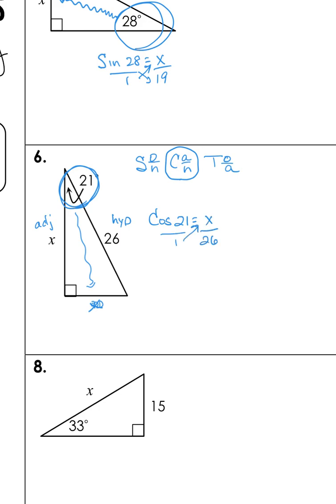Okay, cross multiply. So x equals 26 times cosine 21. Depending on what calculator you're using, it's either going to be 26 times cosine 21 or it's going to be 26 times 21 cos equals. But once you do it, you should get 24.3.